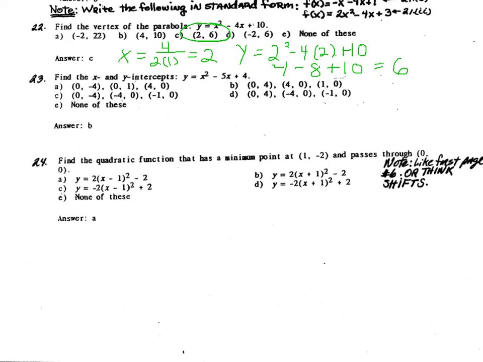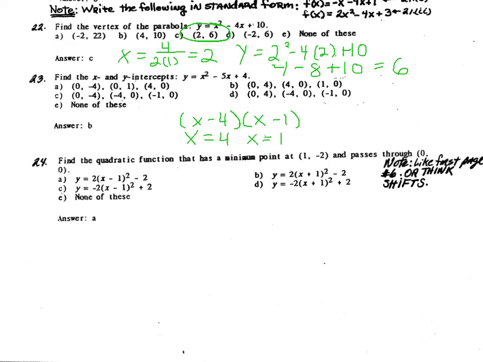In number 23, we want to find the x and the y intercepts to y equals x squared minus 5x plus 4. So to find the x intercepts, I'm going to factor. So I'm going to have (x - 4)(x - 1). So my x intercepts will be 4 and 1.